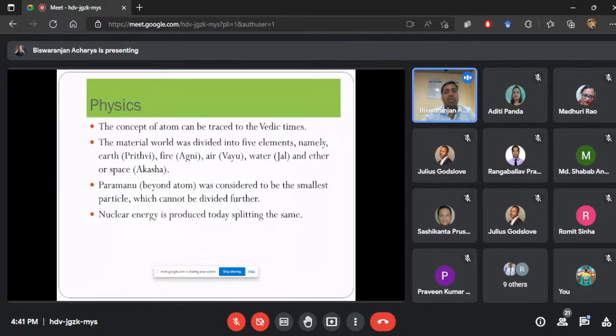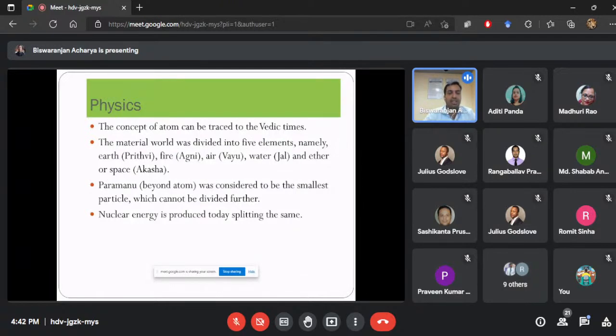Now also, sponsored by different ministries of the Government of India, environment work is going on at our university. In December 2022, on Vayu, on air pollution, one international conference will be held, sponsored by the space department, I think. Paramanu, beyond the atom, was considered to be the smallest particle which cannot be divided further. Nuclear energy produced today is getting the same.